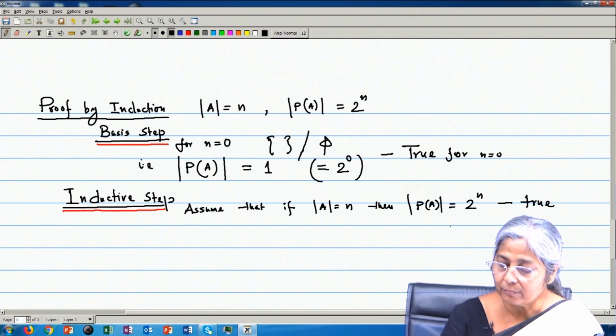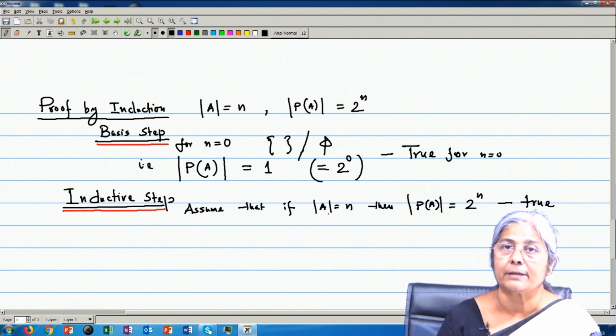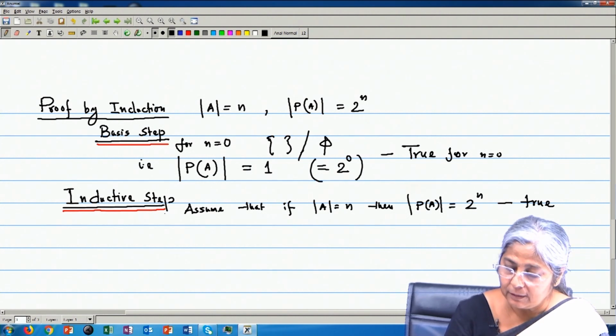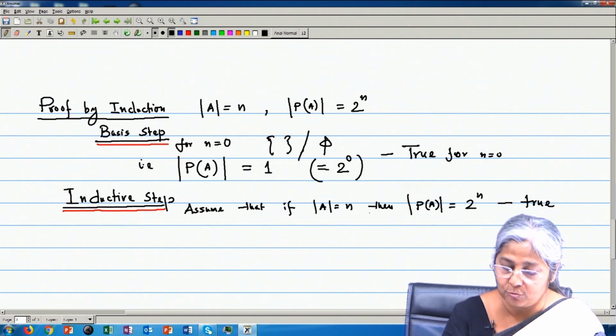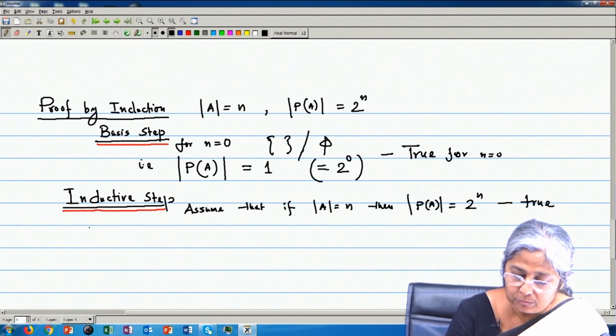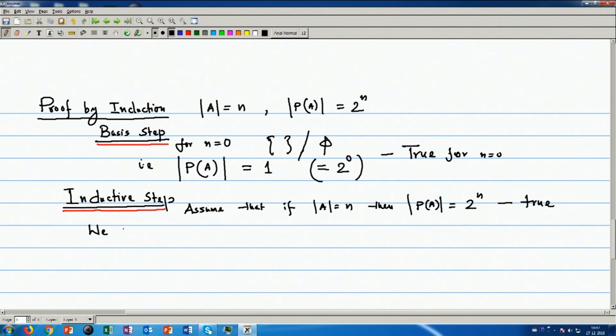Now, say here we assume for n it is true, that means we consider that the set has n number of elements.